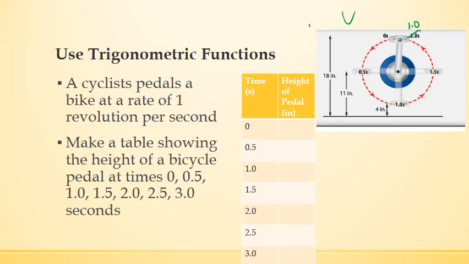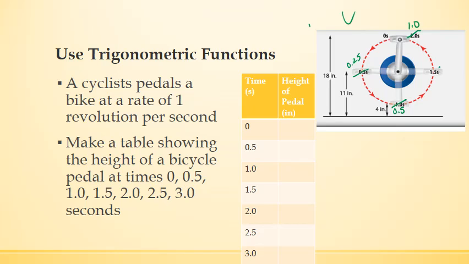It's moving counterclockwise. And as it gets 1/4 of the way around, and we're going to change that to 0.25, the pedal is at 11 inches from the ground. And when it gets down here to the bottom, which in our example with 1 revolution per second would be at 0.5, it's 4 inches from the ground.